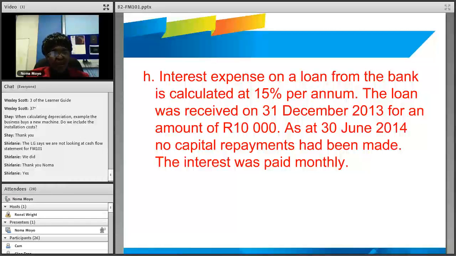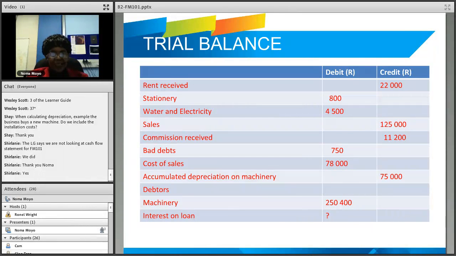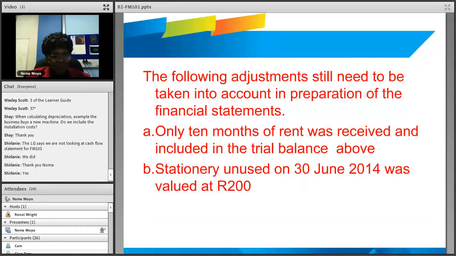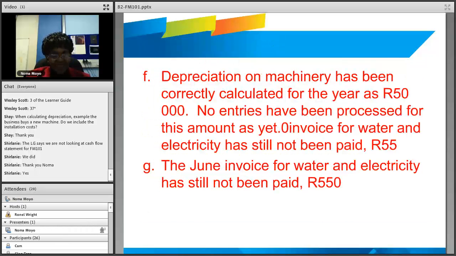But let's look at how long it has been there. Our year ends on 30 June, and we know that the loan was 10,000.